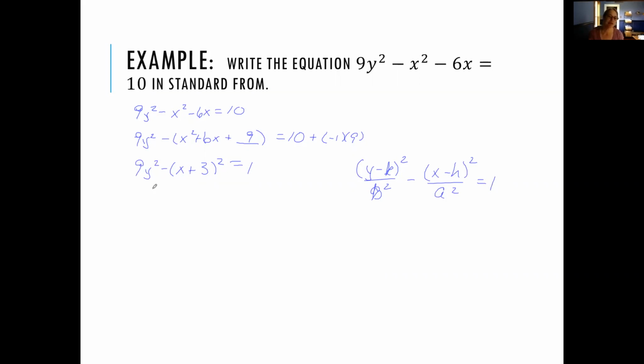Well, we can rewrite this as y squared divided by 1/9 minus (x plus 3) squared divided by 1 equals 1. And then we can see that a squared equals 1, b squared equals 1/9. My center point is at negative 3, 0. And we could continue on from there.